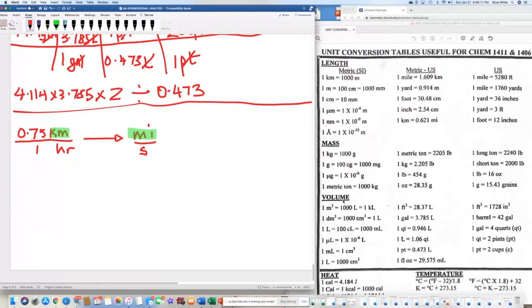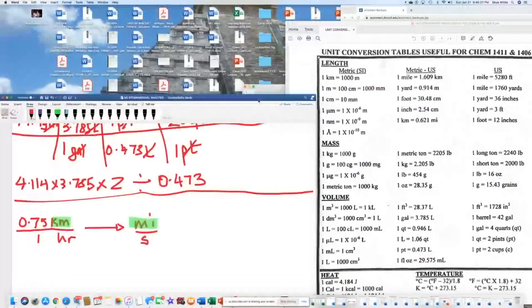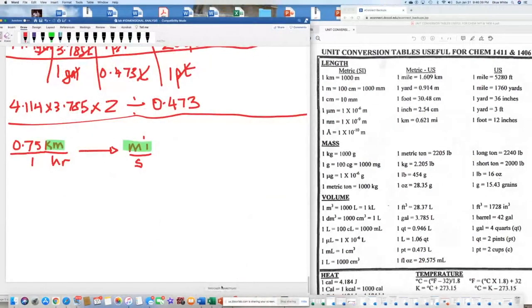Kilometers and miles. You hear me? Hello?